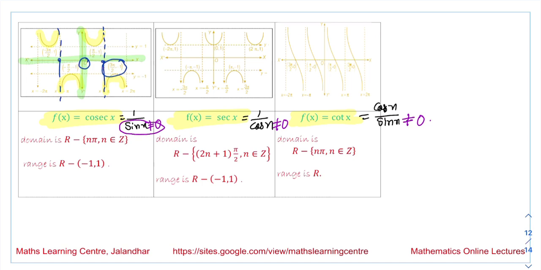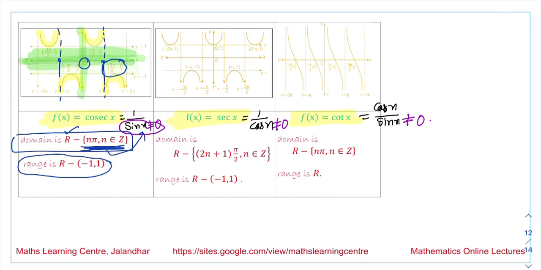It is not defined for all these values. So the domain is the set of all real numbers except those for which sin x is equal to 0. If we look at the range, it is real numbers minus the interval; the function does not take values from this portion.